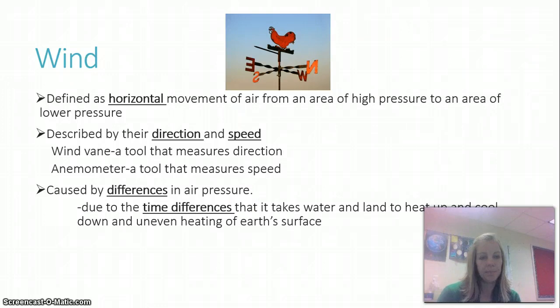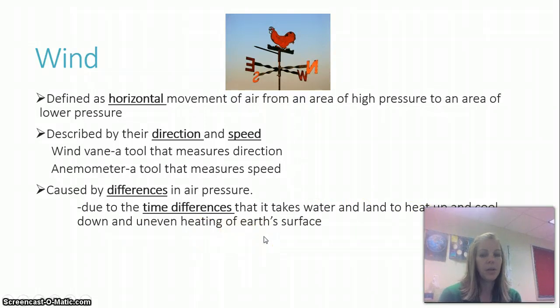So one thing that you need to add to your notes is this part right here, that not only are the differences in air pressure caused by the time difference that it takes water and land to heat up and then also cool down, it also is due to uneven heating of the Earth's surface.